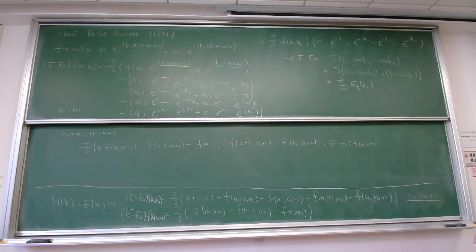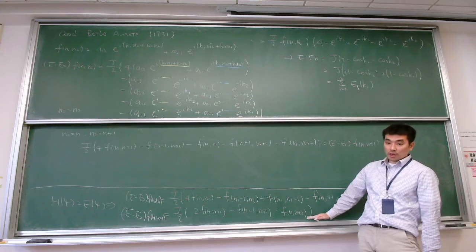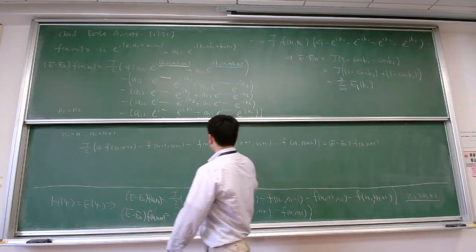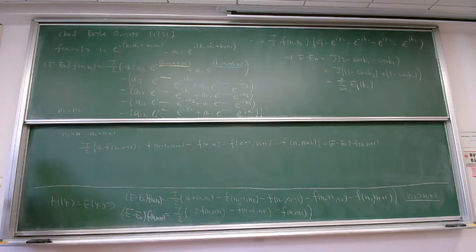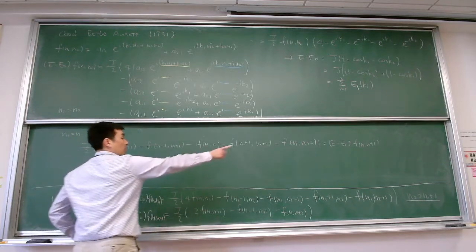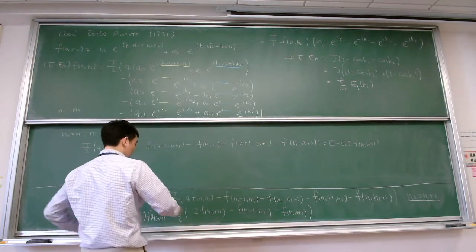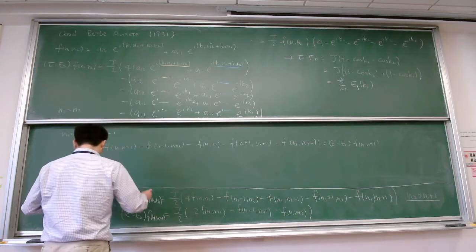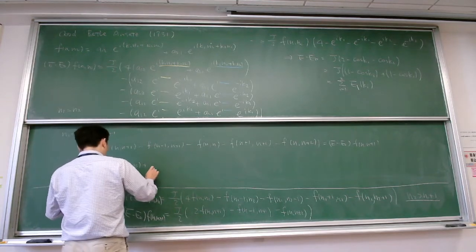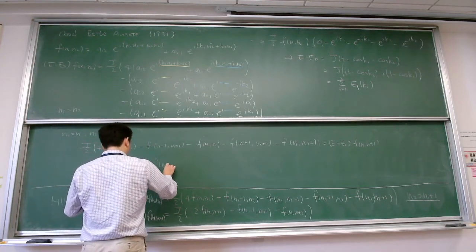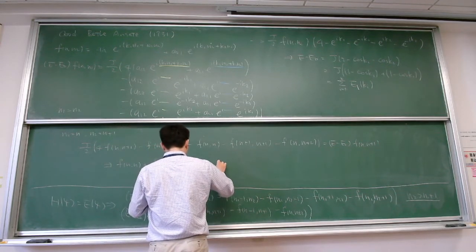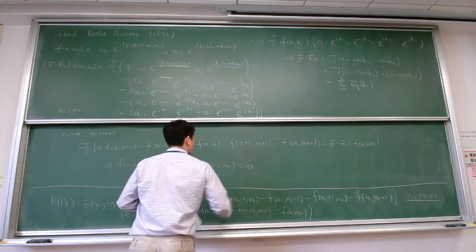Okay, and then subtract the second equation from here. Then we will see the condition for the two sides to be equal. If you subtract the second equation, what you get is f(n, n) plus f(n+1, n+1) minus f(n, n+1) equal to 0.